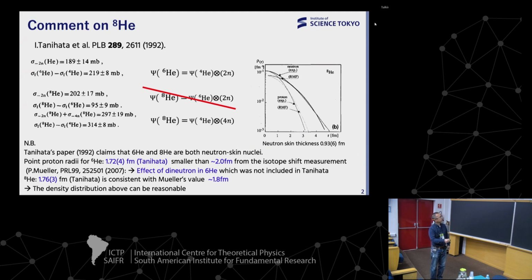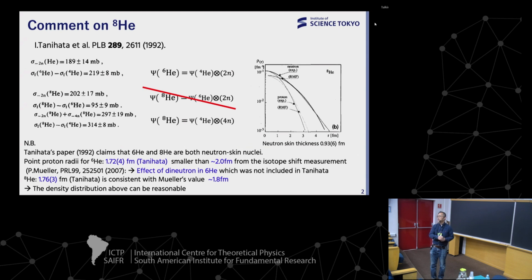This difference came from the fact that helium-6 has a di-neutron correlation, as I explained yesterday. For helium-8, the evaluation from the interaction cross-section is consistent with the isotope shift value.